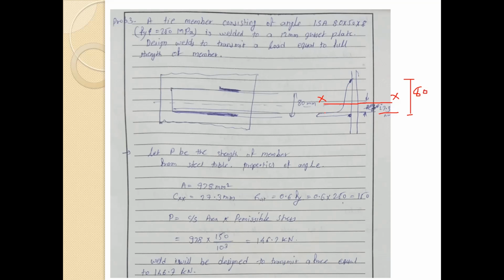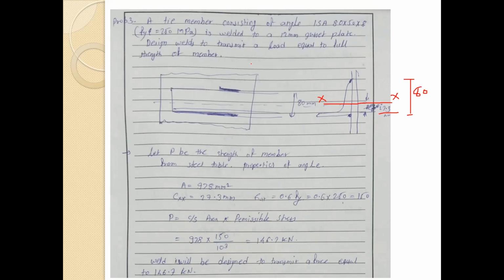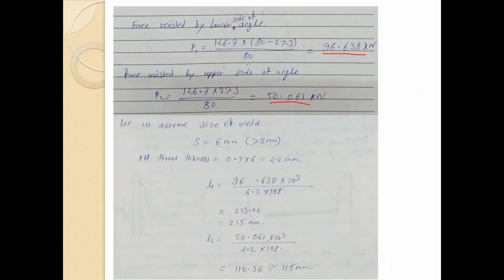So this lower part can carry the load equal to 146.7 into 80 minus 27.3 divided by 80. This is the entire load, and part of this, that is 96.63, will be carried by this lower section, that is this overhanging leg. This lower leg, and the remaining part is carried by this particular upper portion.